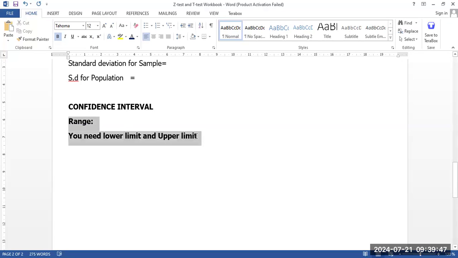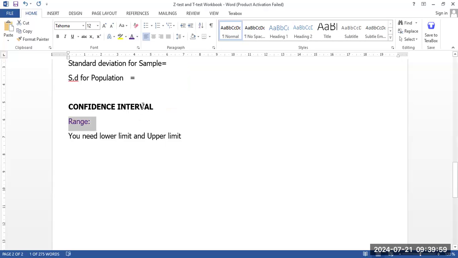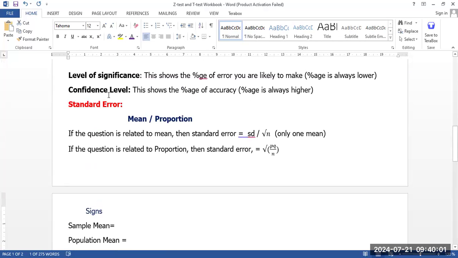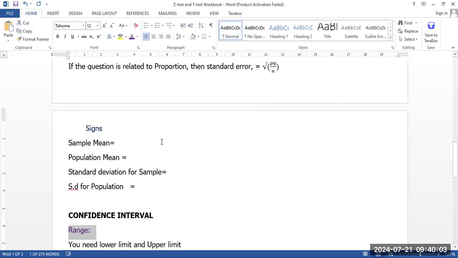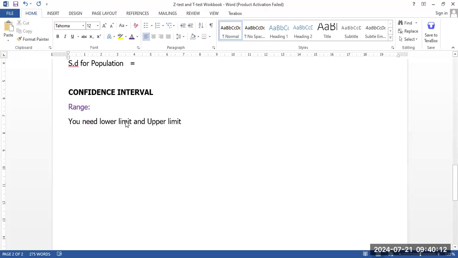Confidence interval is different from confidence level. Confidence level just gives you the percentage of accuracy, but for confidence interval, they need you to get the range from the lower limit to the upper limit.